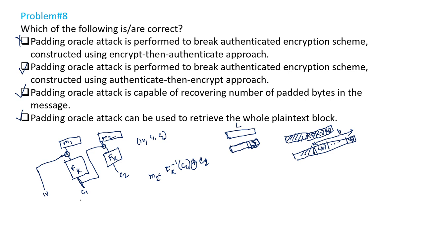You change the first byte of C1, then the first byte of M2 will get affected, and if this first byte of M2 is actually a part of padding, then while discarding the padding, you read the last byte value, which is B, and then you continue to drop B number of bytes, ensuring that each of them contains the value B. If it is not the case, so if let's say 3 was appended here to pad a 5 byte block, you added 3 more bytes, each containing the value of 3.